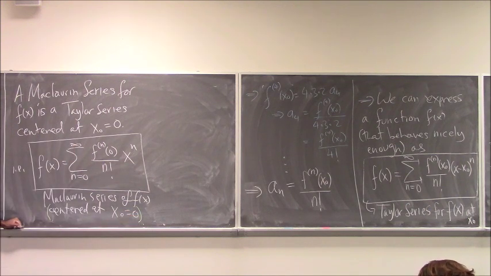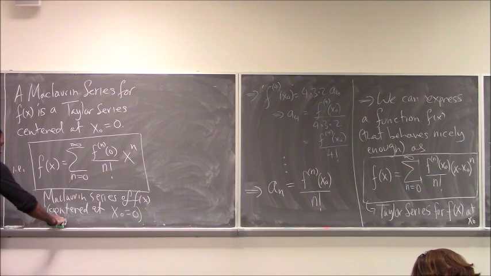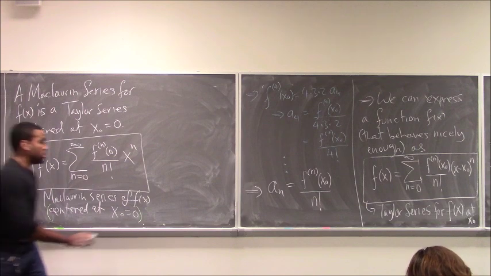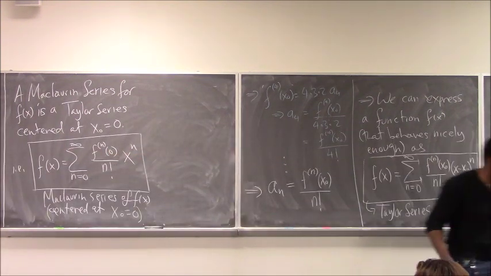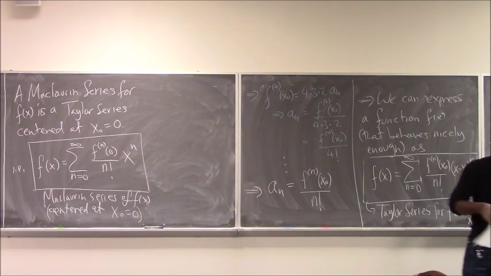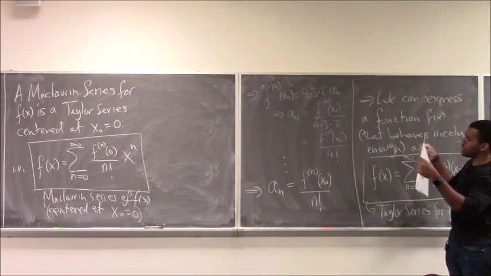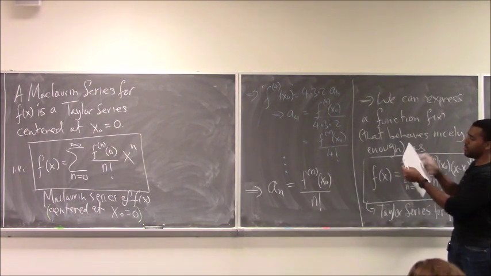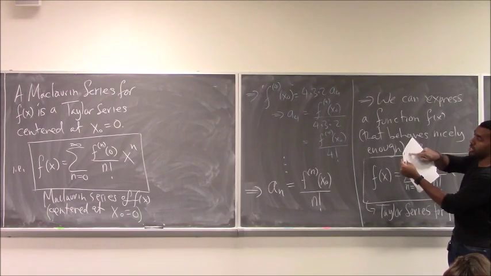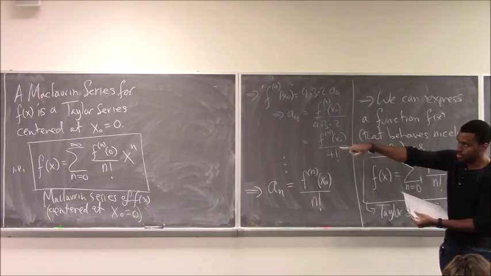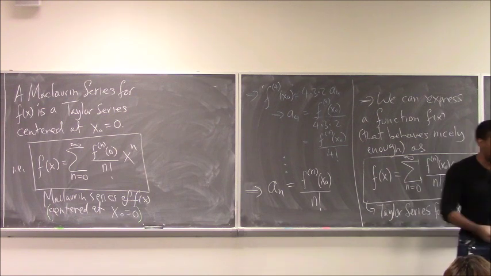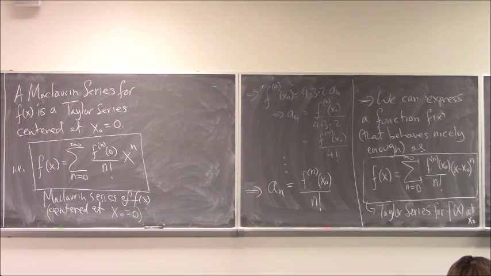So whenever someone says Maclaurin series, they basically mean a Taylor series centered at 0. So I believe in the bonus to the test, did I ask for Maclaurin series specifically? I don't remember if I asked for the Taylor series. Yeah, in the bonus on the test, I asked you to find the Maclaurin series of a certain function. This is what I was talking about. You had to compute this series for the function cosine x cubed.